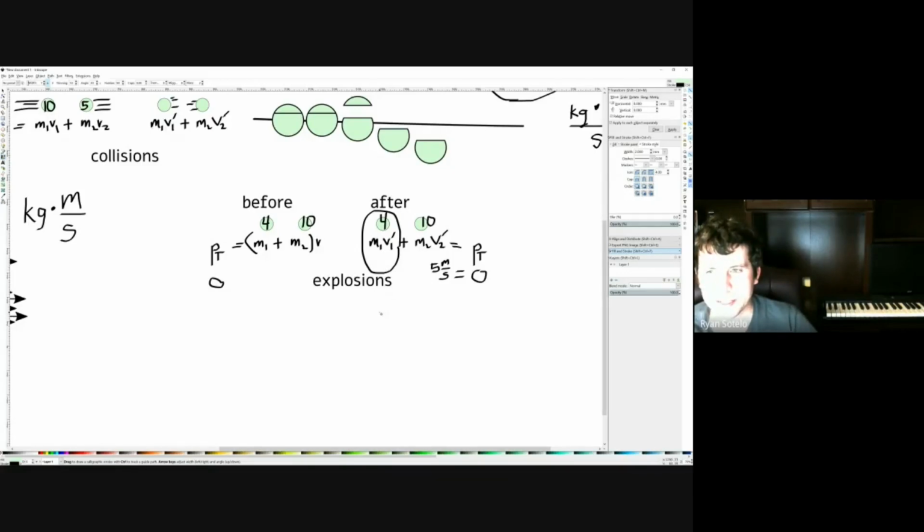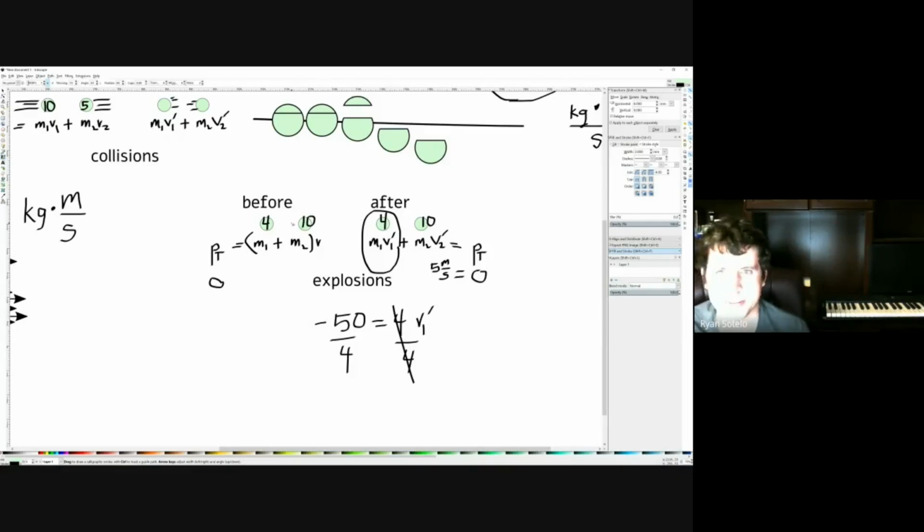So I know 50, rather than negative 50, is going to have to equal 4 times an unknown velocity after the fact. So you just got to divide by 4. And the new velocity will be 12 and a half meters per second to the left.